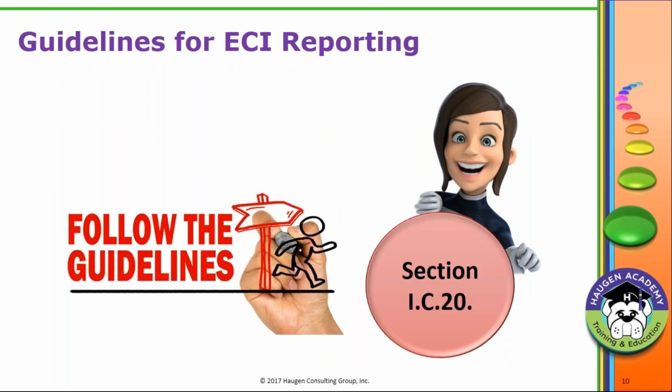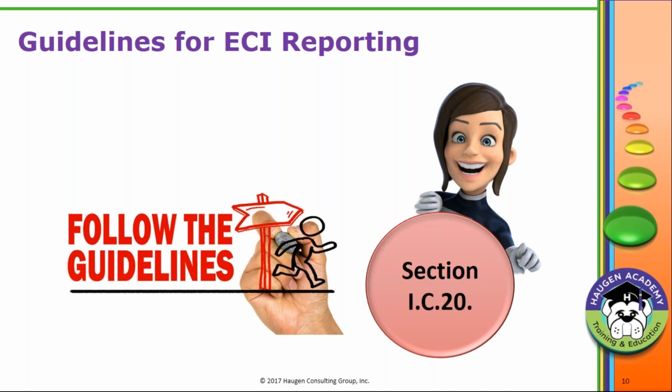So the guidelines, they're boring. I get it. I admit it. I wish that they would just let me rewrite the coding guidelines in a pictorial fashion to make them more fun and interesting. Of course, then I probably would be out of a job because those would be out there for everybody to see. But the coding guidelines for ECI codes are found in section 1.c.20.